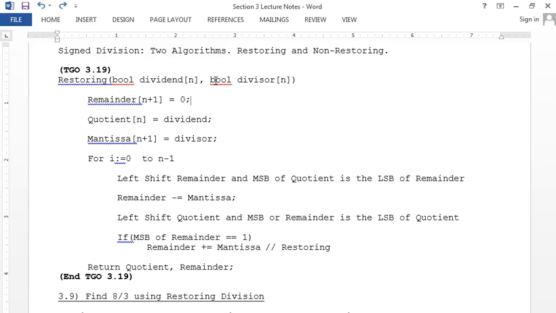Our divisor is 3. Our quotient is 2. Let me pick a different example. Let me do 10 divided by 3, so that way the quotient and the remainder aren't the same. 3 remainder 1. So 10 divided by 3 is the result of 3 remainder 1. Dividend, 10. Divisor, 3. Quotient is 3. Remainder of 1.